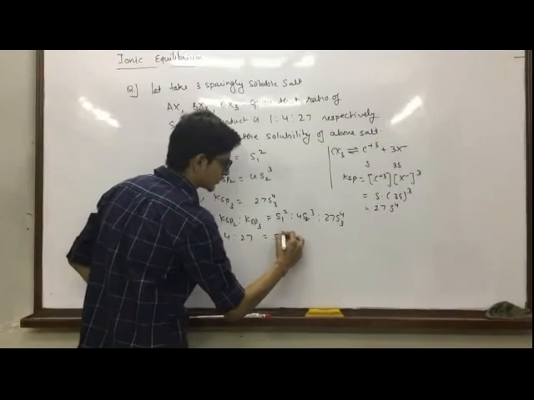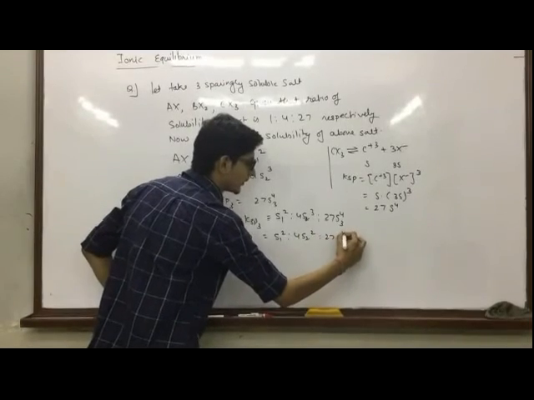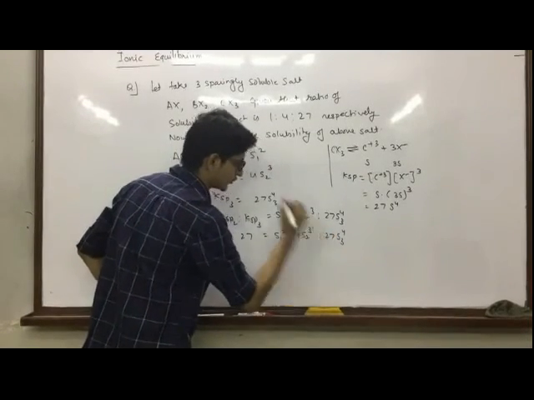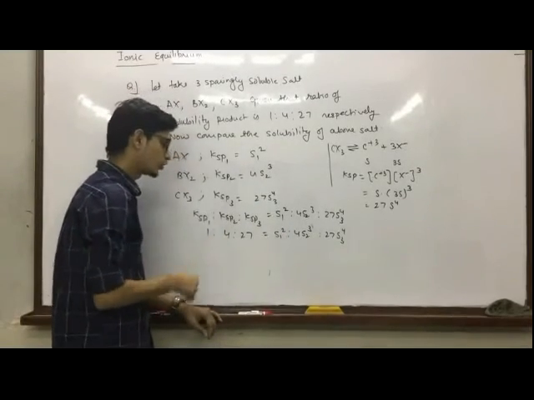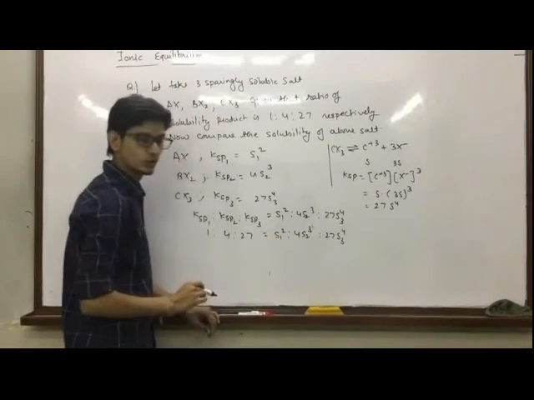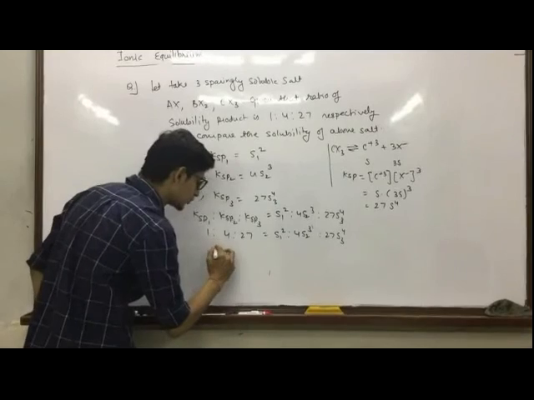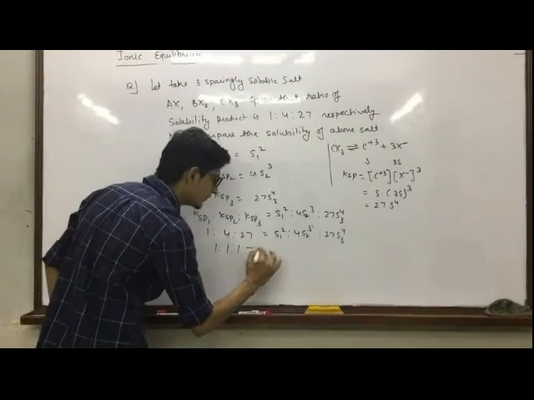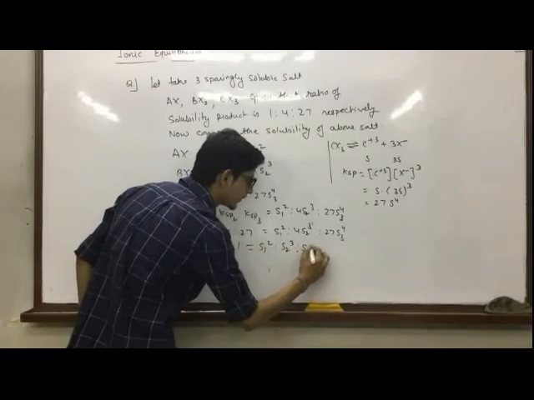On solving, the 4 is going to cancel out with the 4 and the 27 with the 27. So the final relation comes out to 1:1:1, that is, S1 squared is to S2 cubed is to S3 to the power 4.